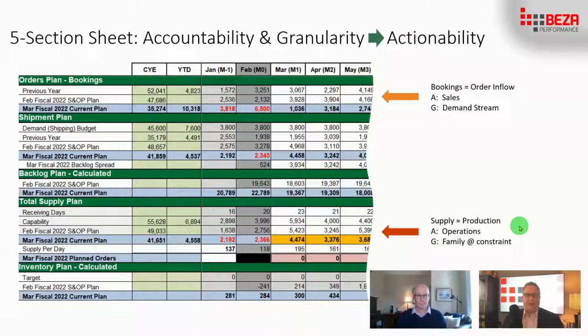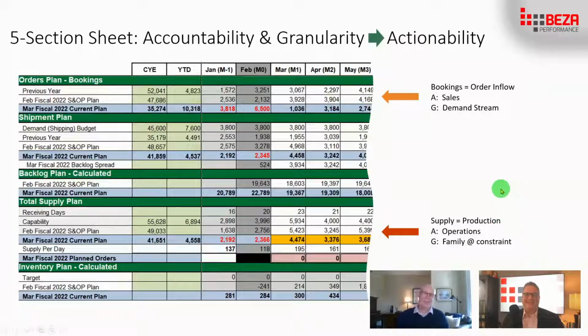They were not going to be able to ship what their plan was. So the accountability and clarity of the 5 section sheet that brought out the accountability was helpful. That's the classic example of somebody sitting in their car with one foot on the gas and the other foot on the brake at the same time. And that works for a while, but eventually something's got to give, right?